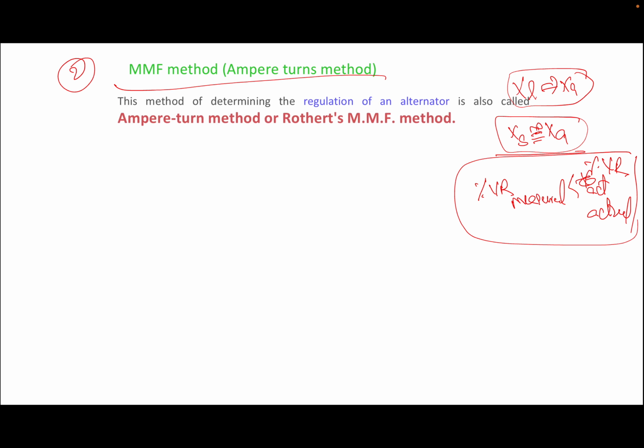In conclusion, we will discuss how we are going to do this. The scientist who found this was Rother, the MMF method.